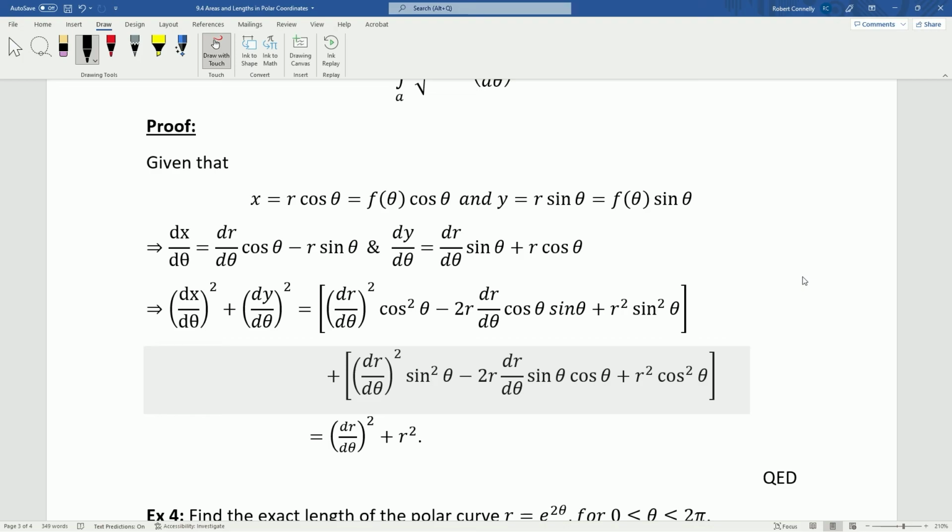What can we do here? Well, the first thing we can recognize is that with r squared sine squared of theta and r squared cosine squared of theta, sine squared of theta plus cosine squared of theta is 1. So if we factor r squared out of these two terms, we get left with r squared times 1. So that leaves us with this.